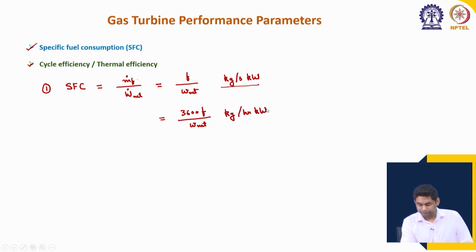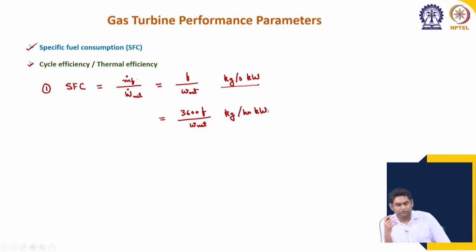So, per kilowatt of power output, how much fuel will be required per hour. So, this is a very important term. If I have a turbine which generates say 100 kilowatt power, and we want to run it for say 10 hours, by using this value we can directly estimate the amount of fuel that will be required.